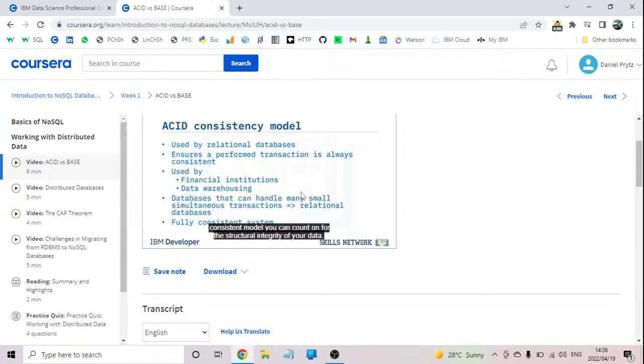Fully consistent system: one change of data in one table is reflected consistently in all other tables. Okay, let's keep going.